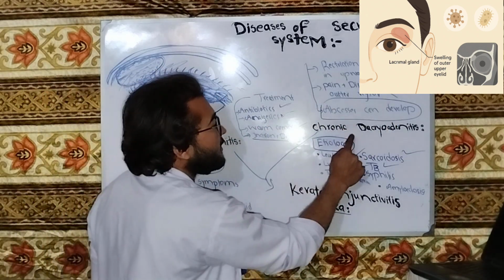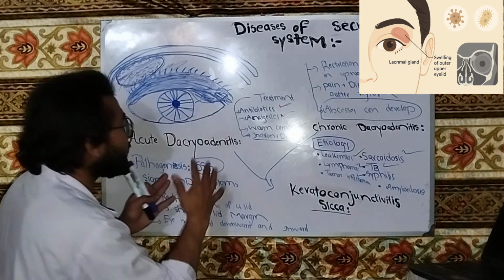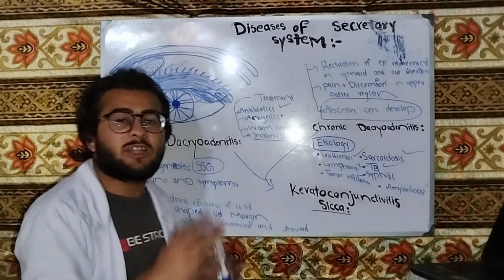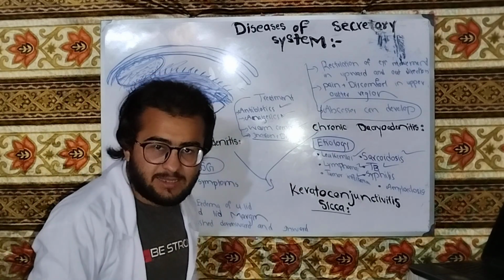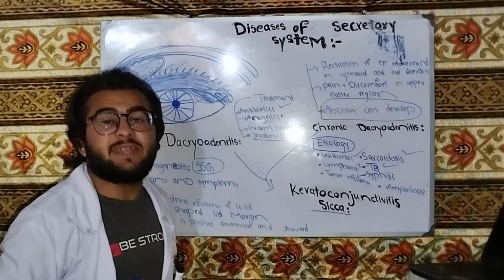In chronic dacryoadenitis, there will be no pain and discomfort. Most of the symptoms are similar except the pain and discomfort, which is not present in chronic dacryoadenitis. And these are the main etiologies of chronic dacryoadenitis.